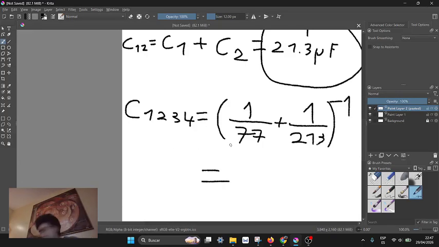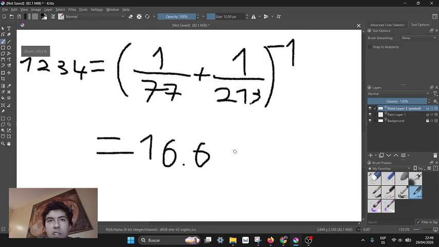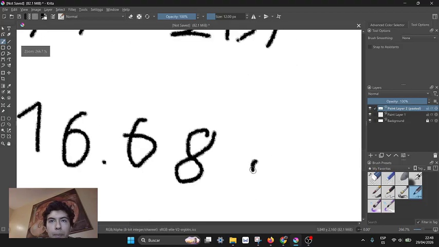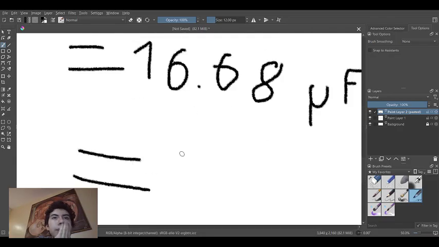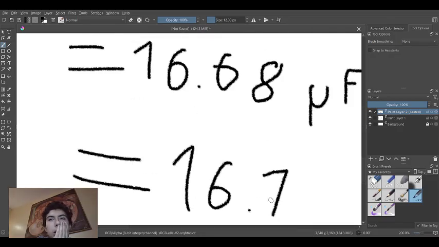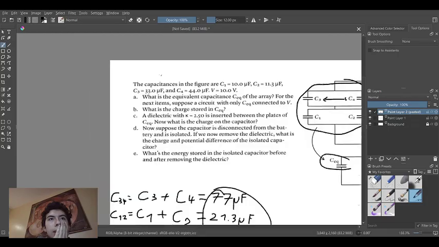That is going to be equal to 16.68 uF. And this we are going to round to 3 significant figures, so 16.7 uF. After that, that is A.